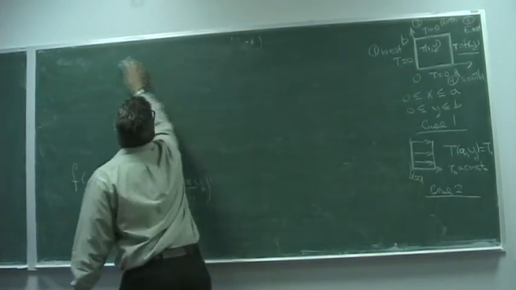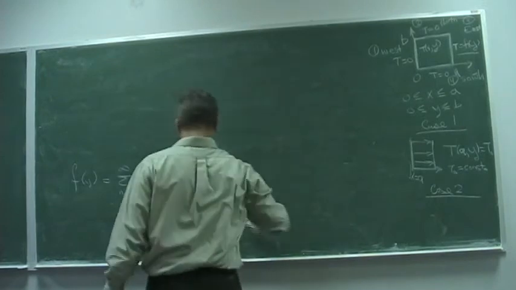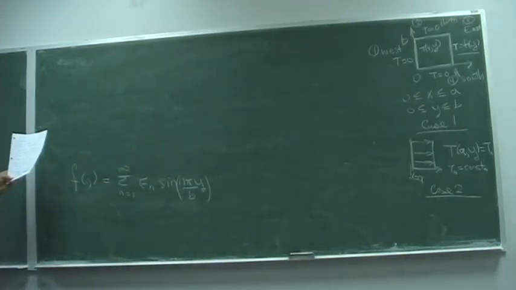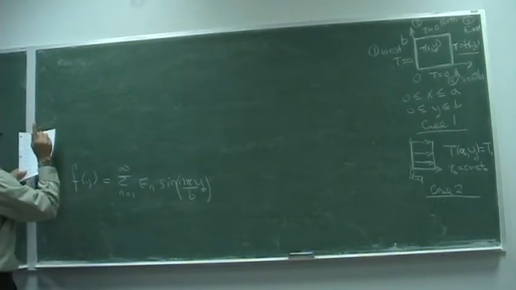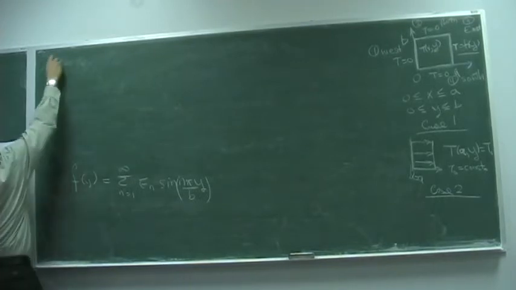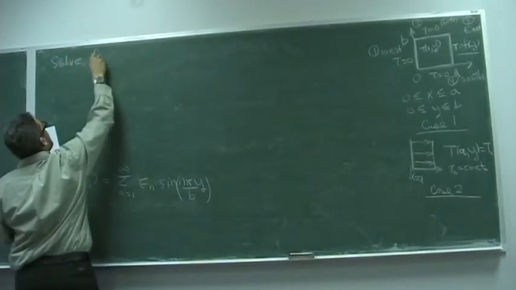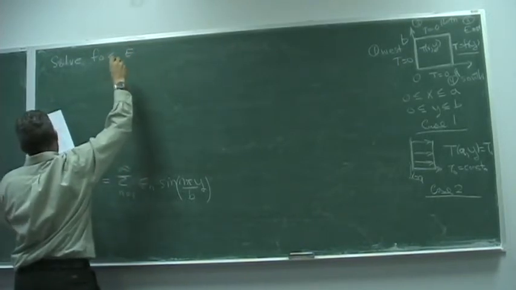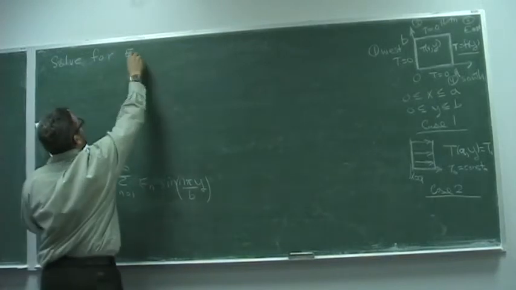So this is our last boundary condition we're working with here. Now what we're going to do is solve for E sub n.